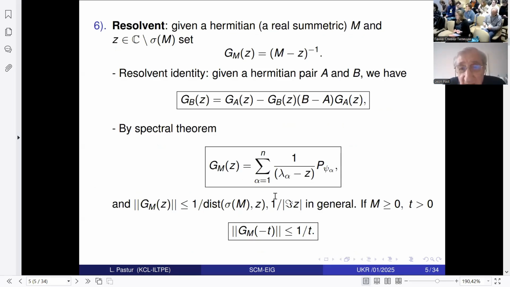We have a bound 1 over the imaginary part of z, but if the matrix is positive definite and eigenvalues are also positive, we can confine ourselves to just the negative semi-axis, and then we have a more convenient bound, which I am going to use.